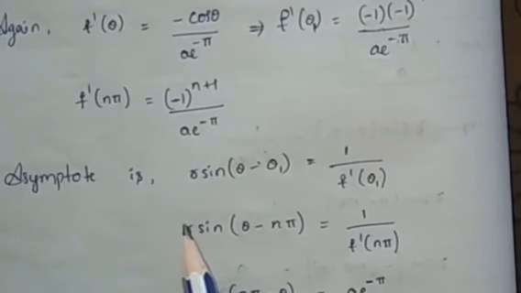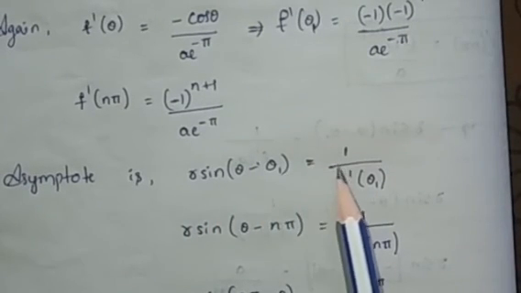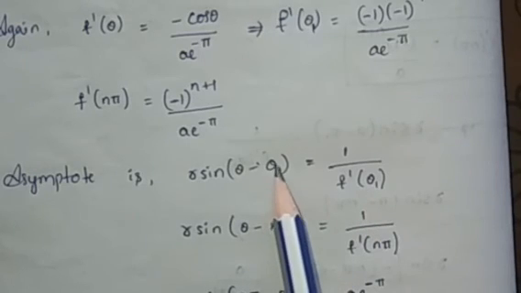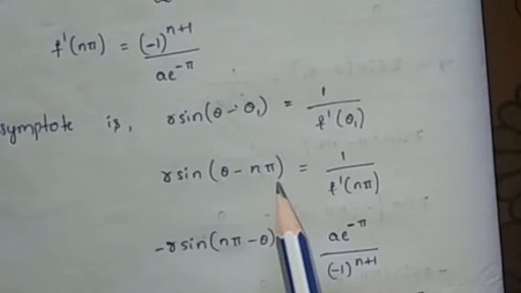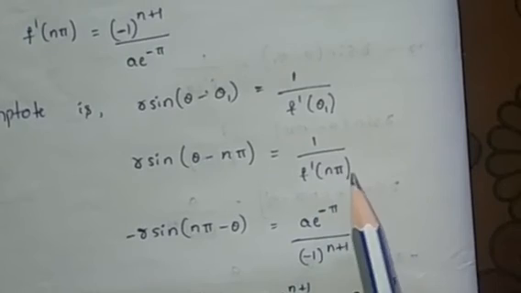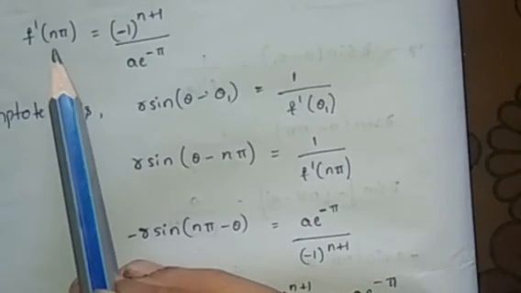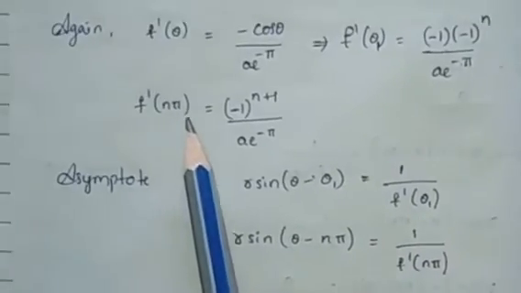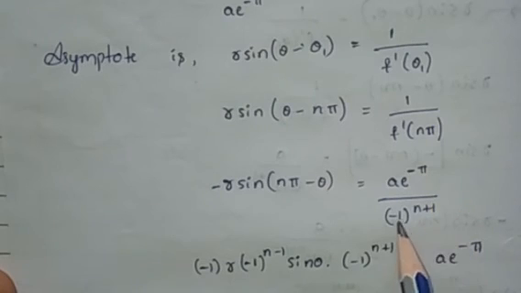The asymptote is r sin(theta minus theta 1) which is equal to 1 by f dash of theta 1. You put theta 1 value is n pi, you get r sin(theta minus n pi) which is equal to 1 by f dash of n pi. 1 by f dash of n pi means you take the reciprocals, you get a e power minus pi by (minus 1) whole to the power n plus 1.